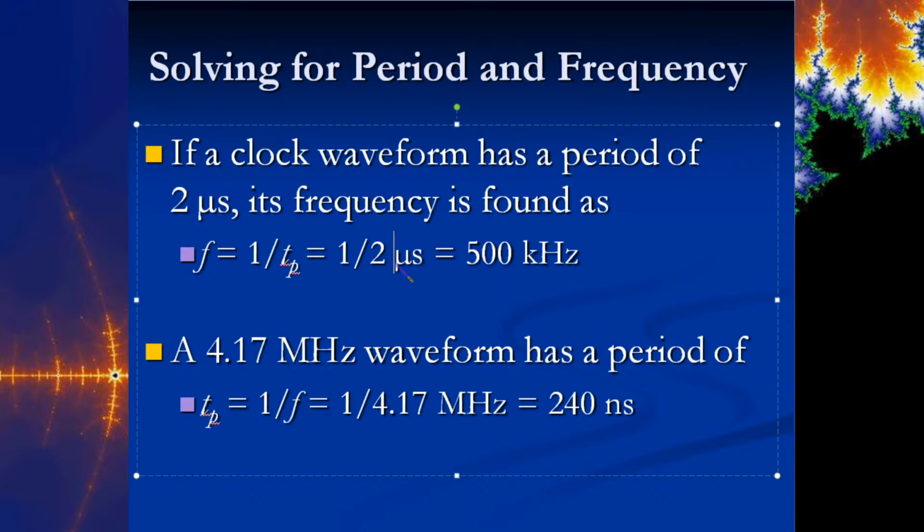I just say 2 microseconds, and you go, oh, that's 2 millionths of a second, and you can quickly qualify it. So leave your calculator in engineering mode the rest of the time you take classes. If you need to know where that is, send me an email with your calculator number, and I'll tell you how to set it up. It'll always output something in engineering notation.